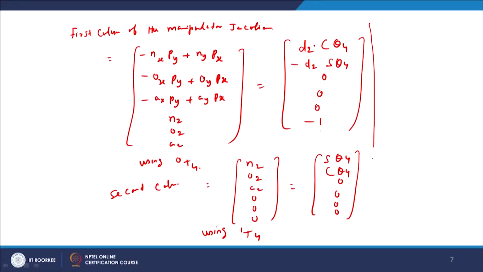of the manipulator Jacobian. Now, having computed the manipulator Jacobian, what we get is, on the left side we have the linear velocity and angular velocity.